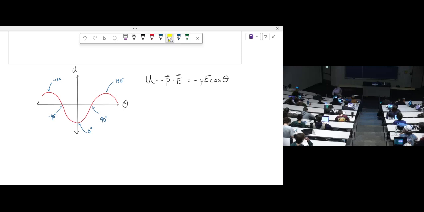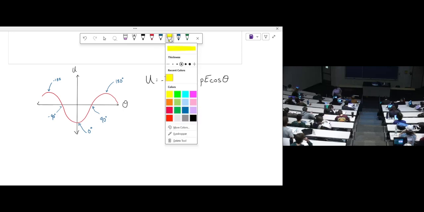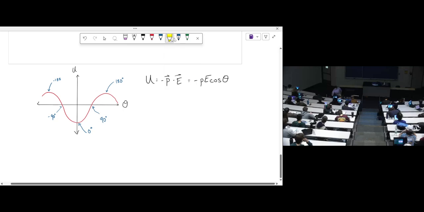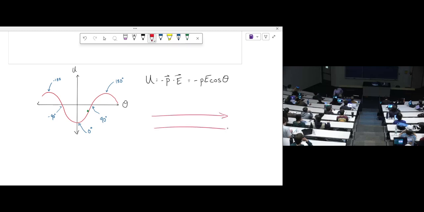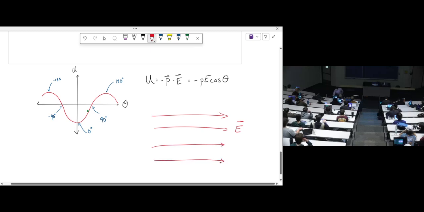That is, if I drop in the dipole at this orientation, say between 45 and 90 degrees, the electric field is going to look something like this, and then the dipole is going to look like minus, plus, something like this.